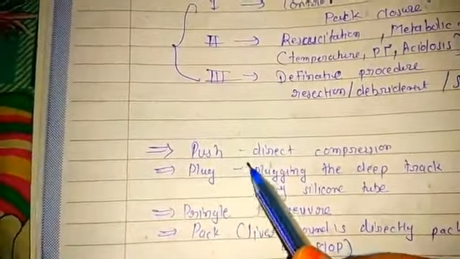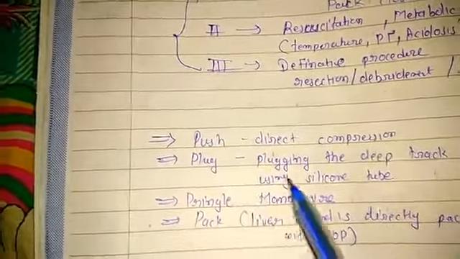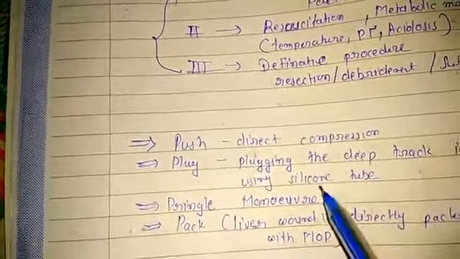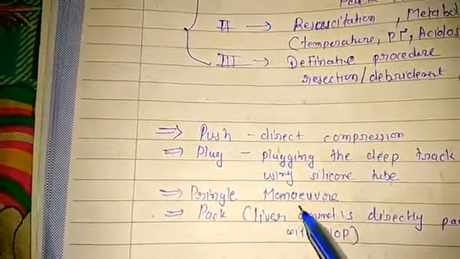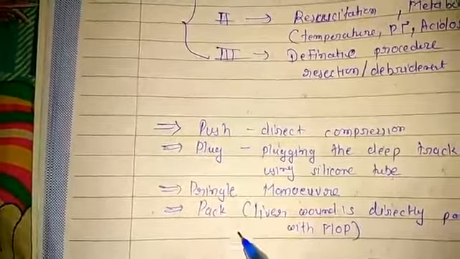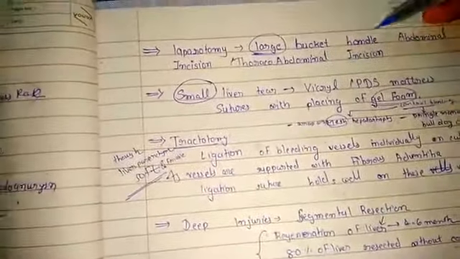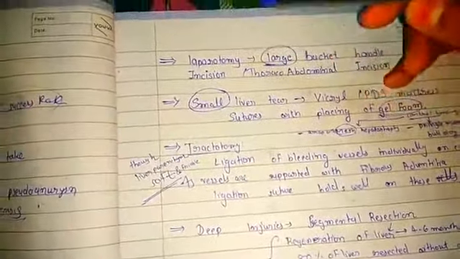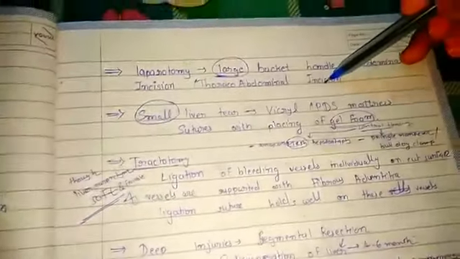Then the specific treatment: push. First, push by direct compression. We can use plugging for deep track injuries using a silicone tube. The other one is the Pringle maneuver to control the bleeding. Then pack: the liver wound is directly packed with a mop. If there is a large injury, a large bucket handle abdominal incision in laparotomy or a thoracoabdominal incision should be made.